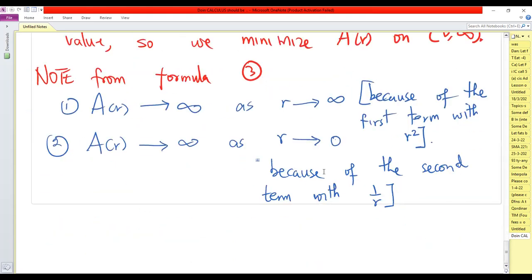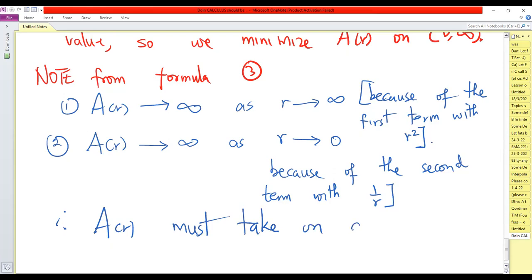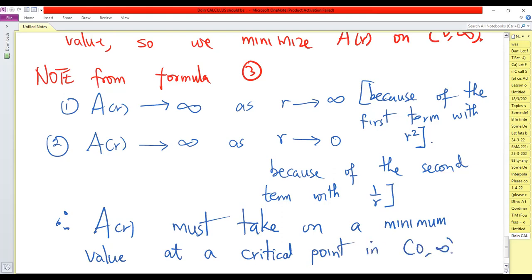Because of these two ideas on the area function, we know that the area can only take a minimum value at a critical point in the domain of the function A. So we solve in the usual way.